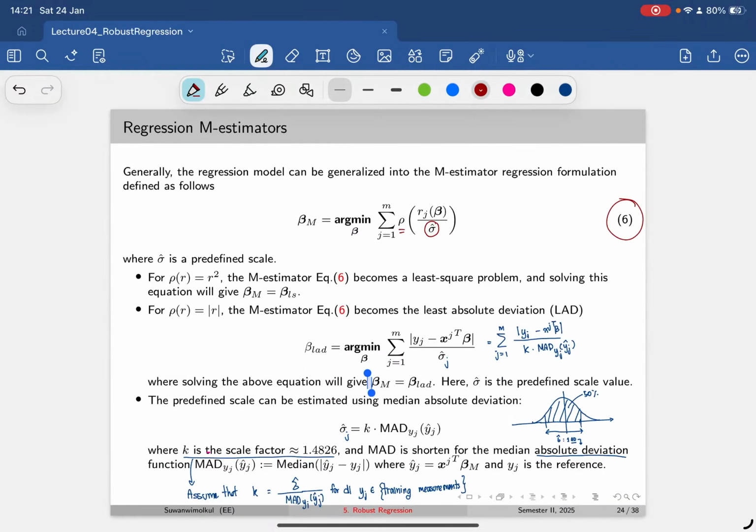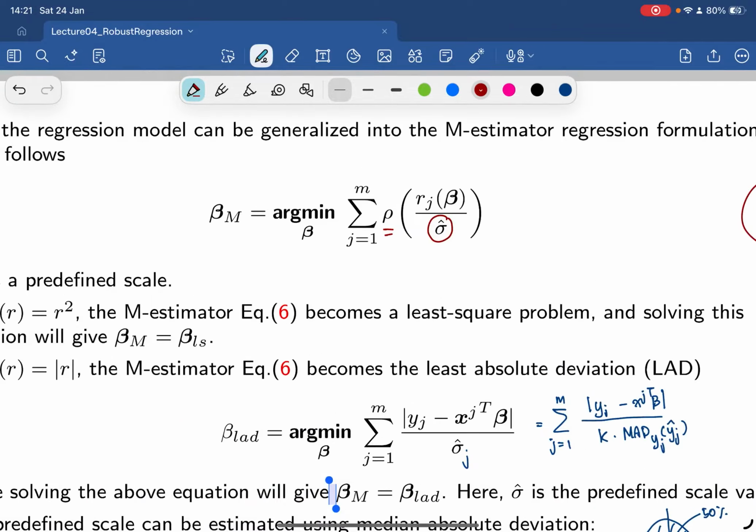But anyway, when we want to minimize such a residual, Rj of beta will be equal to Yj minus X transpose beta. In fact, it should be Xj, right? Should be that one. Okay.